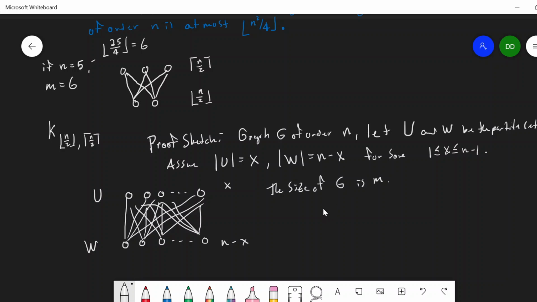M would be if I just count up all the edges incident with U. There are x many vertices in U times the degree of each vertex, n minus x. So M, the size of G, is x times (n minus x) here.